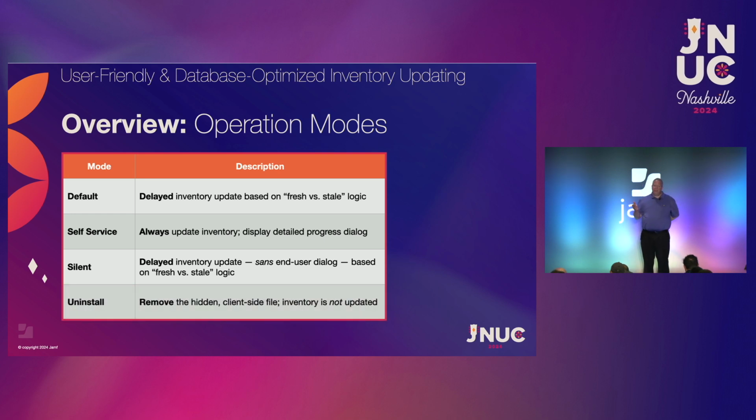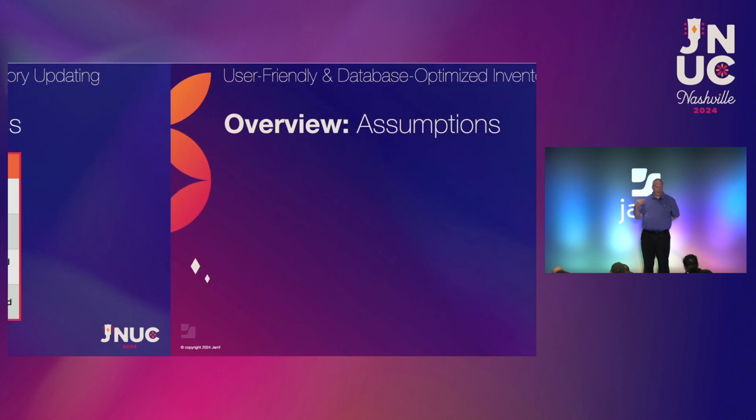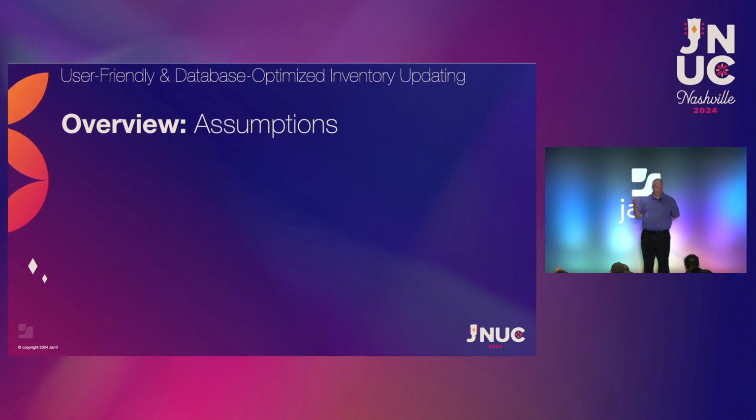Last of all, if after your testing you decide this approach is not for you, there is an uninstall option. There's no dialog displayed, and the hidden client-side file is removed. Okay? And you just need to hit me up on the Mac admin Slack to say, by the way, I just uninstalled your script.